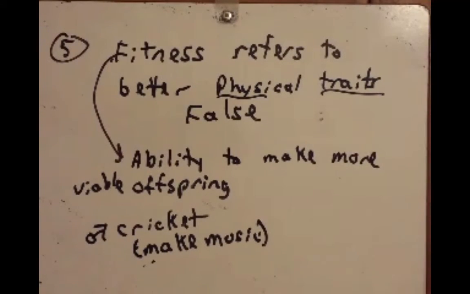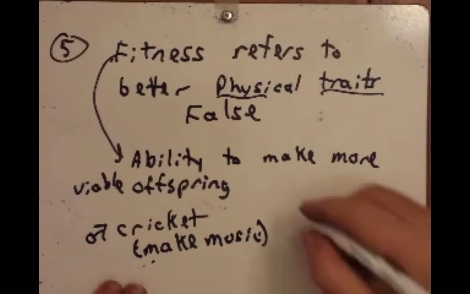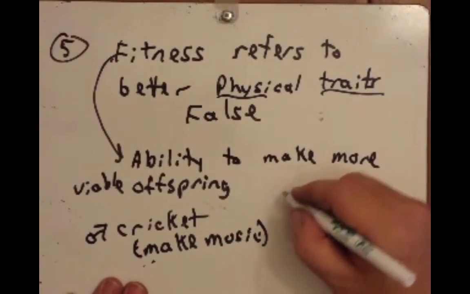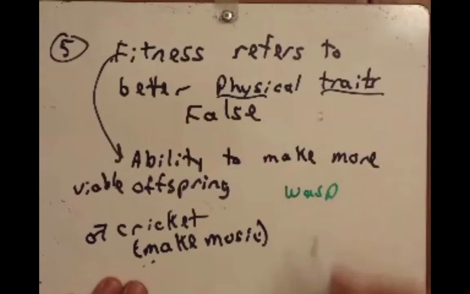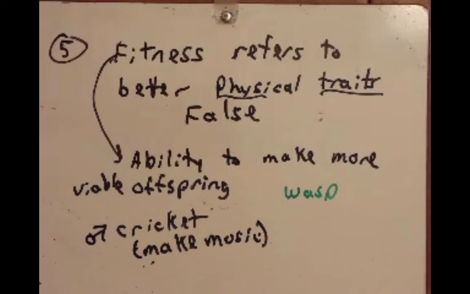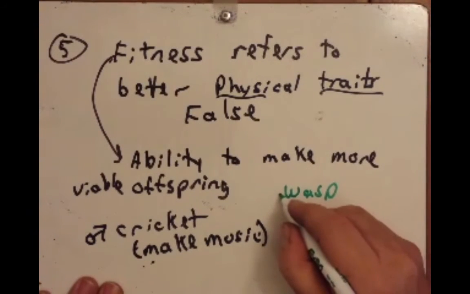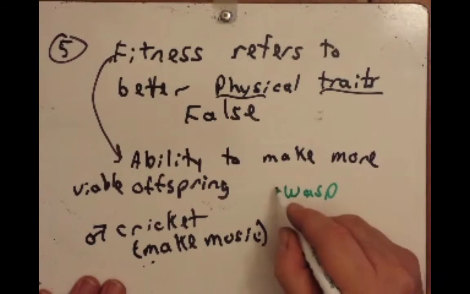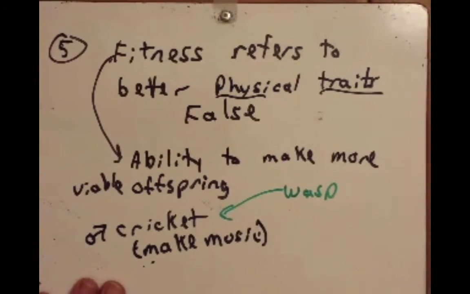Because what would happen, and this actually did happen, is that some other insect came along, in this case a wasp, that laid its eggs on the cricket, and its progeny developed on the cricket. But it laid the eggs on the first crickets it could find, and it was the ones that could make music.